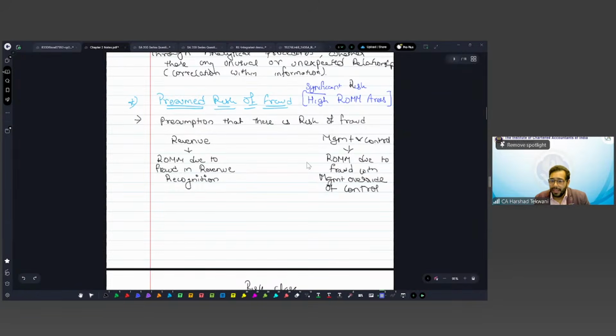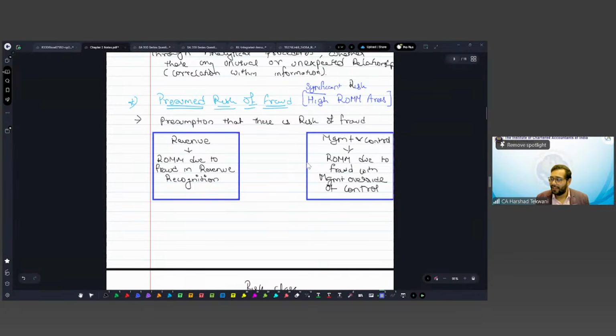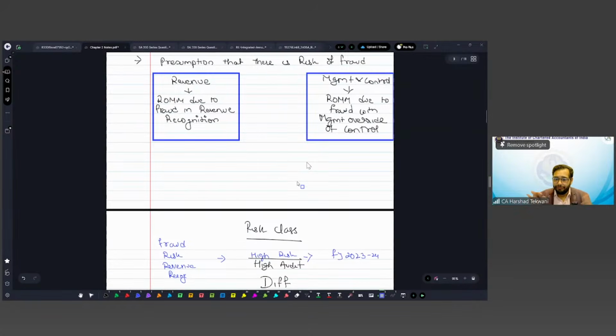And there are other areas that you might consider there is a fraud risk. Now that is based on the fraud risk factors. So apart from the presumed risk, after getting all this information, after doing all this planning, you will do one more step.